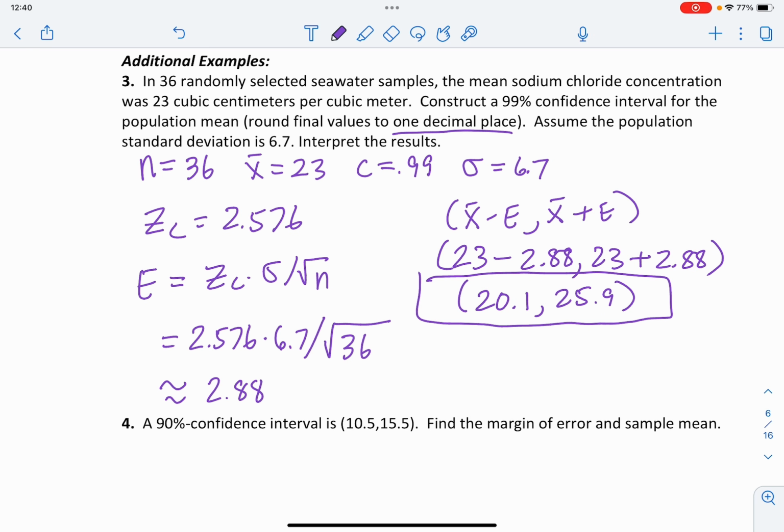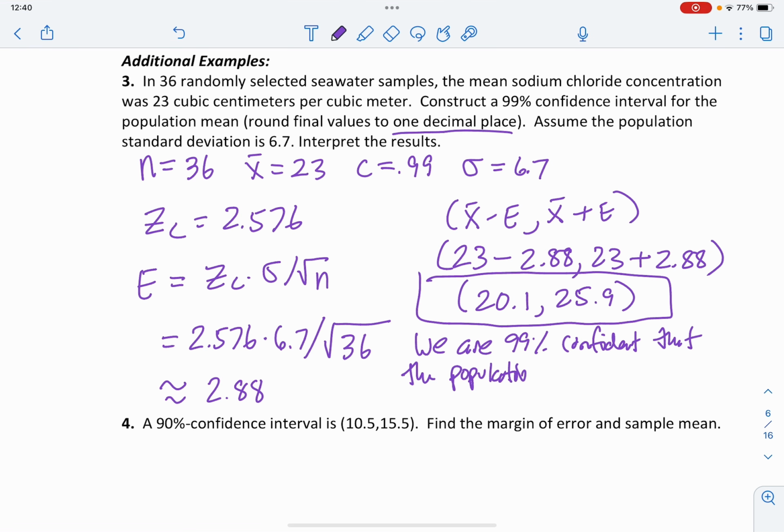Okay, the last thing is, just practice that interpretation sentence. So how confident are we? We are 99% confident. We are very confident that the population mean, sorry for my bad handwriting, is between what?